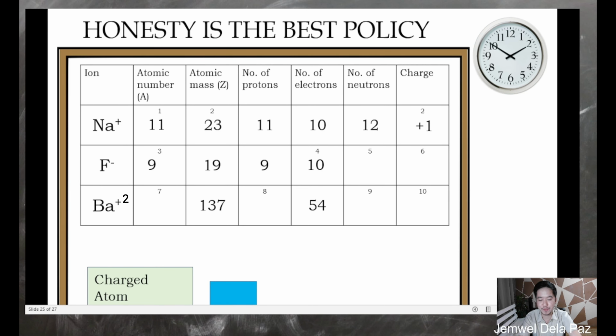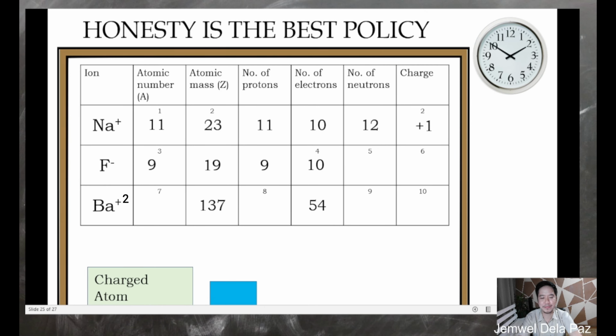Therefore, it accepted 1 electron. So it is logical to say that fluoride ion has a greater number of electrons than its number of protons by 1. Since it is an ion, the number of electrons is 10.